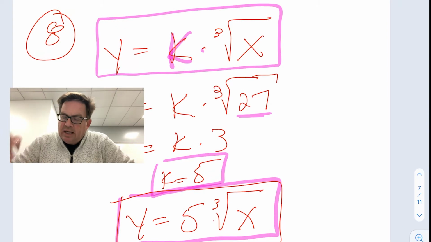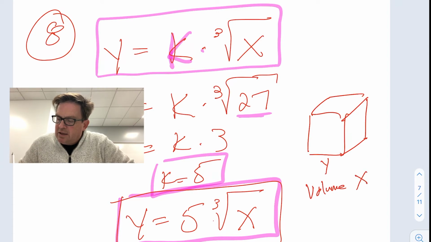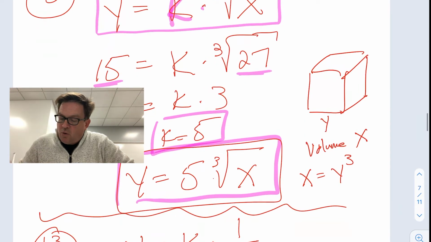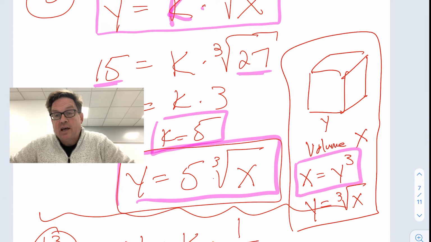This might be an example like if I have a cube, and the side has length y and the volume is x. Then x equals y cubed, or y equals the cube root of x. So here, the volume varies as the cube of the side.